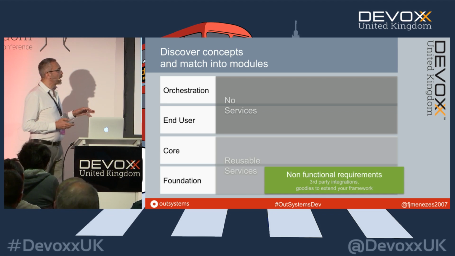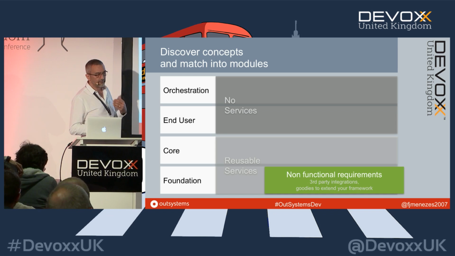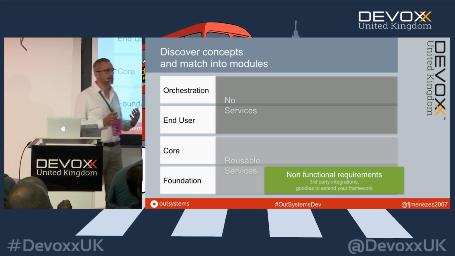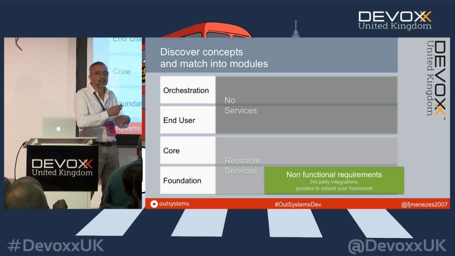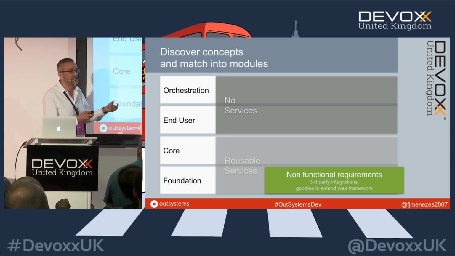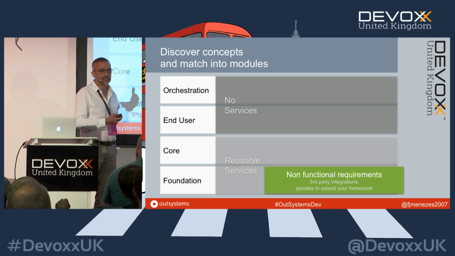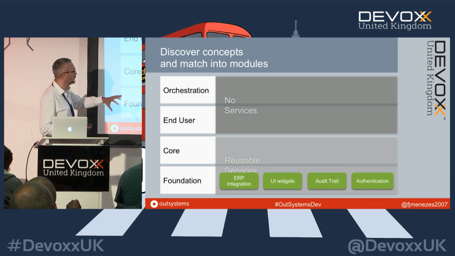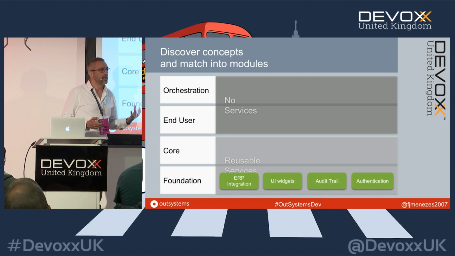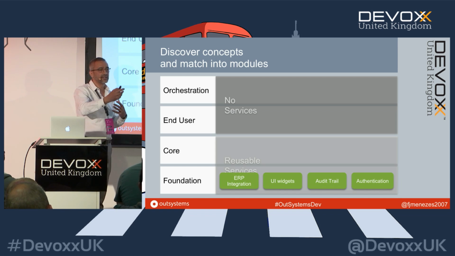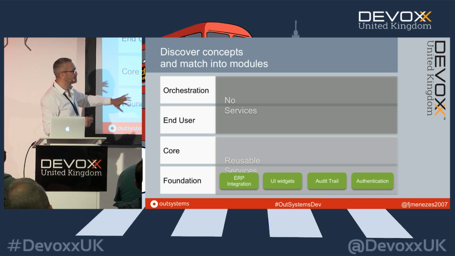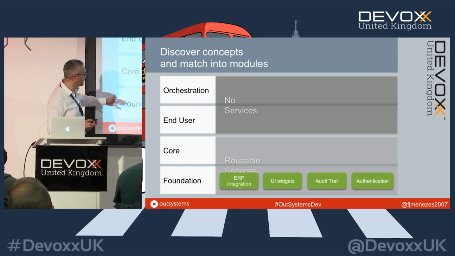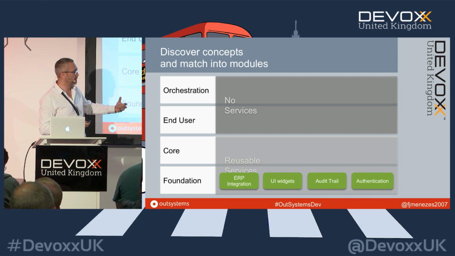On the bottom is where you should add all your non-functional requirements, all your third-party integrations, or all kinds of goodies that extend your framework. This is not business-related. So let's see some examples. For instance, if you do an ERP integration, even if there is already a service available, there is always space for some wrapping, normalization, and this is the kind of stuff that you keep adding on your foundation.